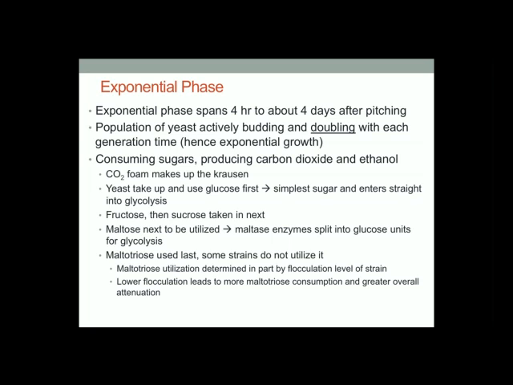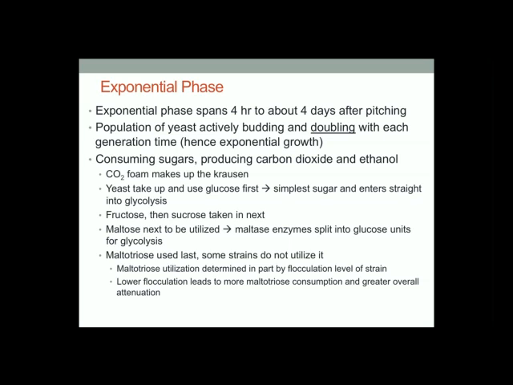And so there's a lot of carbon dioxide that's produced in this foam, along with other yeast cells and other pieces from the yeast or from the wort make up the krausen, and that is what initially makes that big foam at the top of the fermenter.